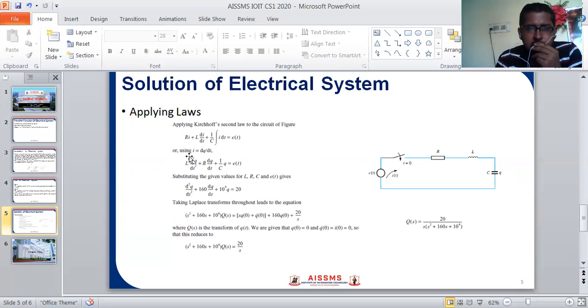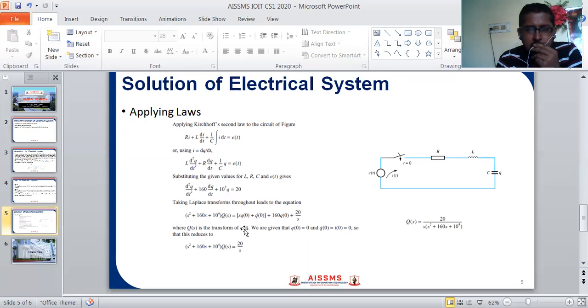If we use I equals dq by dt in this formula, we find this expression, and substituting the values given for R, L, and C, the overall equation becomes a second order equation. Taking the Laplace transform of this equation, we find s square plus 160s plus 10 square, Q of s, is equal to this.